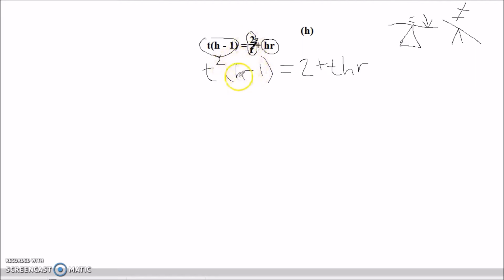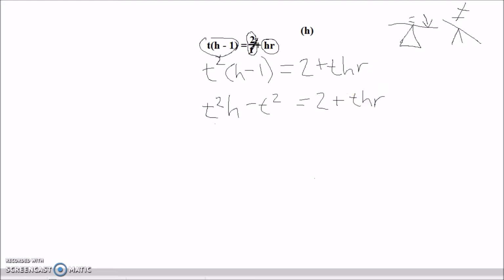It's simplified, it's put into brackets, so we don't need to touch this side because we're not actually changing the value of this whole term, we're just changing the way it looks. So to multiply it out, that will be t squared h minus t squared, and then we leave this as it is.